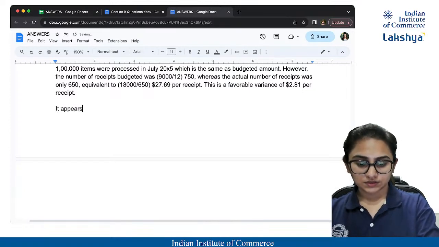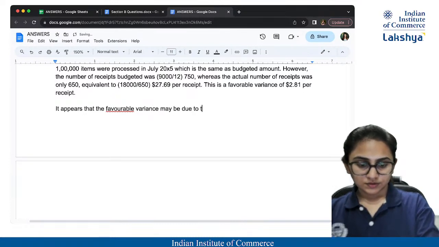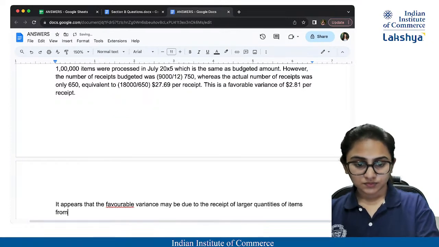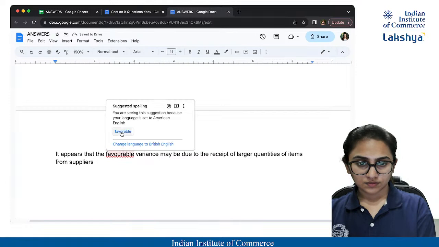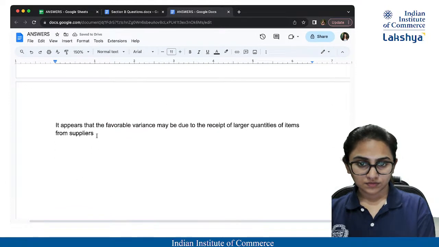It appears that the favorable variance may be due to the receipt of larger quantities of items from suppliers in each delivery.